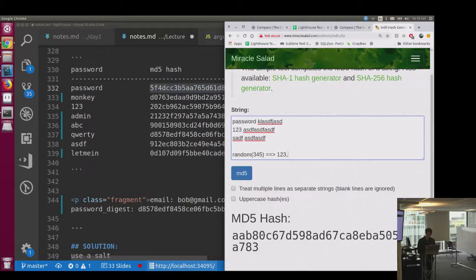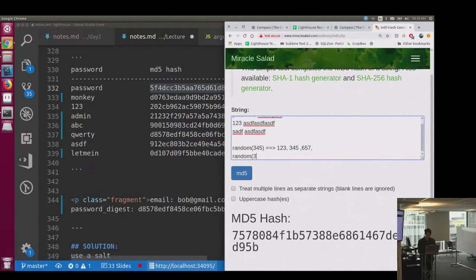So it might go 1, 2, 3, 3, 4, 5, 6, 5, 7. Each subsequent number is random in that it's not going to be the same. But if I run this generator again, giving it the same seed, it'll produce the same sequence. The first number is that, the second number is this, the third number is 6, 5, 7.